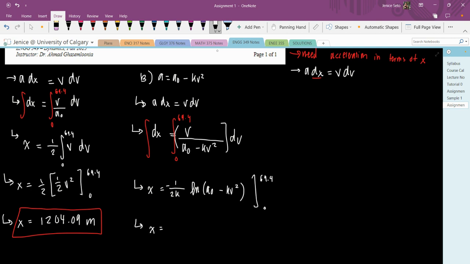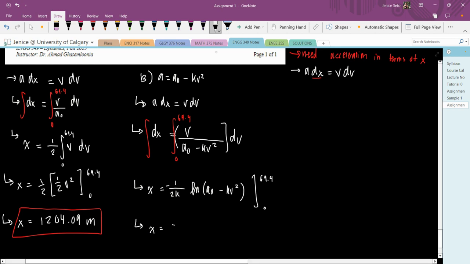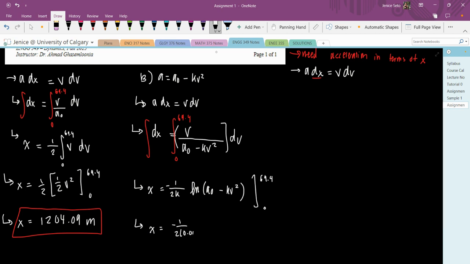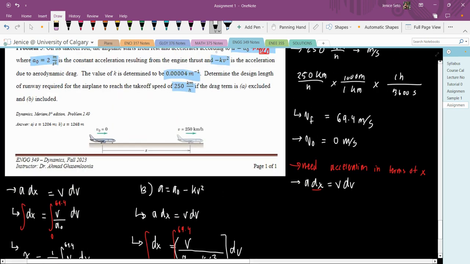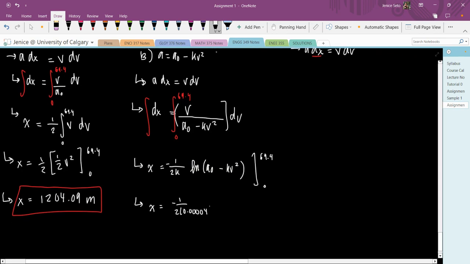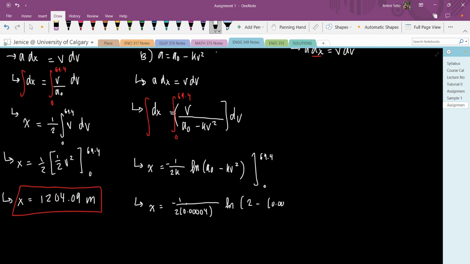All that's left to do is plug in our values. So our value is negative 1 over 2 times 0.00004, times our ln, and this is 2 minus 0.00004 times 69.4 squared.